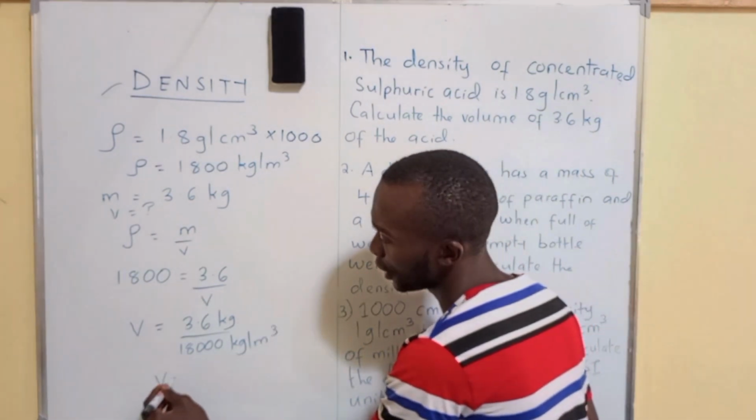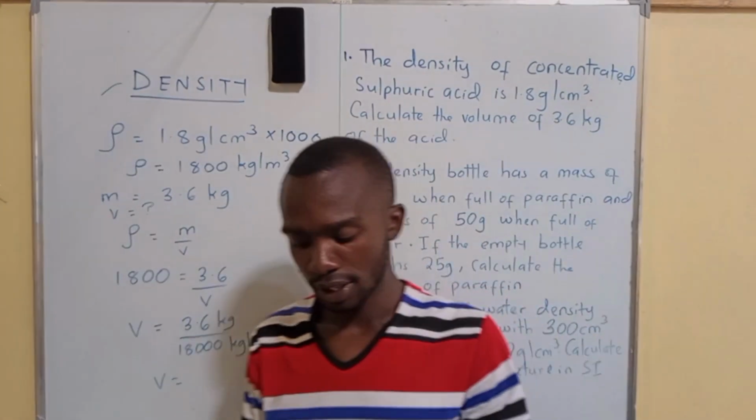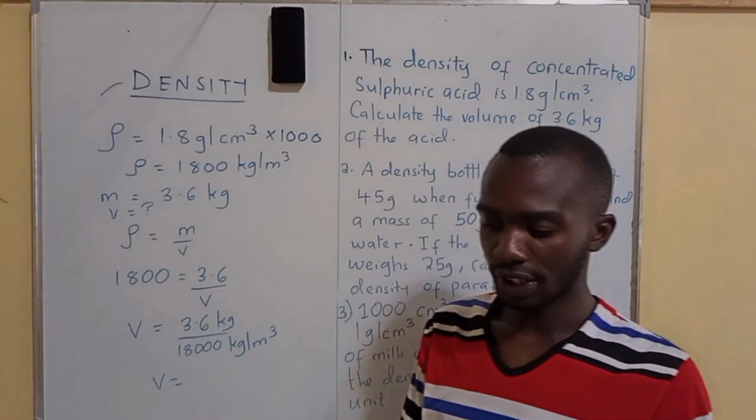So the volume of sulfuric acid is 3.6 divided by 1800.